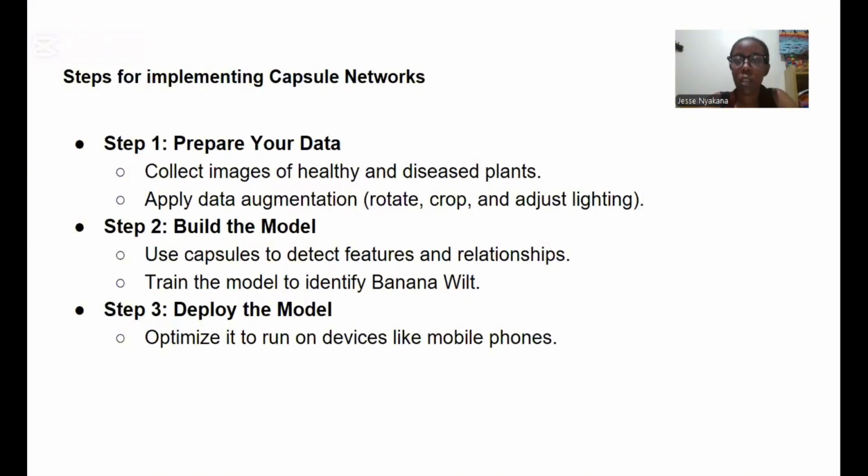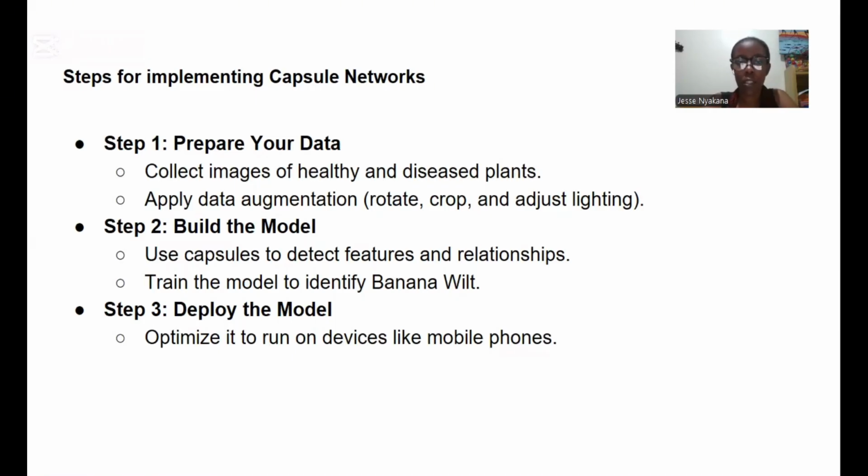In this case, we are using our proposed machine learning project to explain this concept, so we are going to be relating it to the banana leaf disease diagnosis project that you are doing for the machine learning project. So first we shall collect images of healthy and diseased plants.